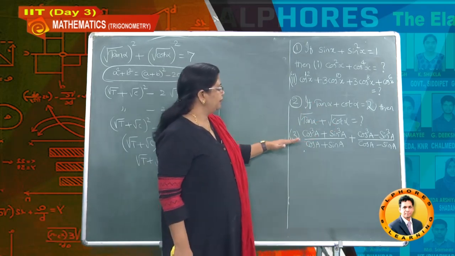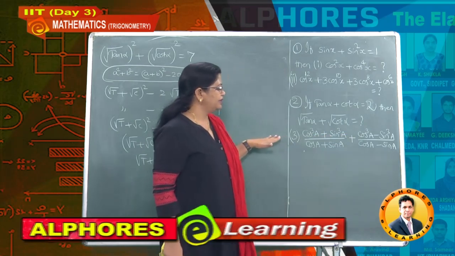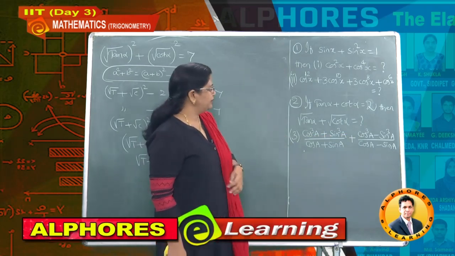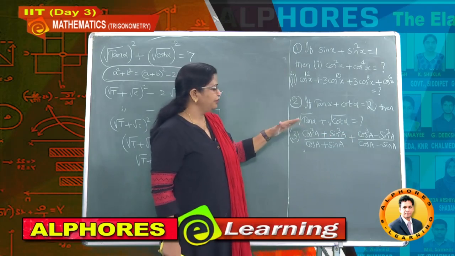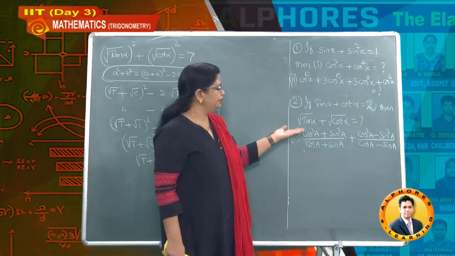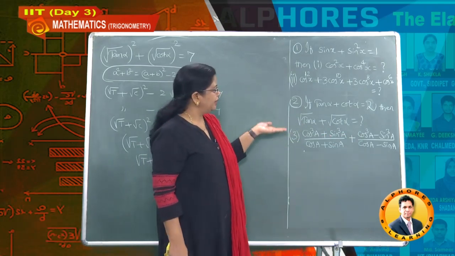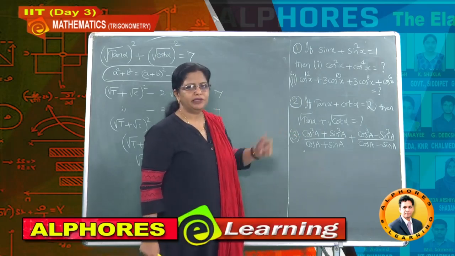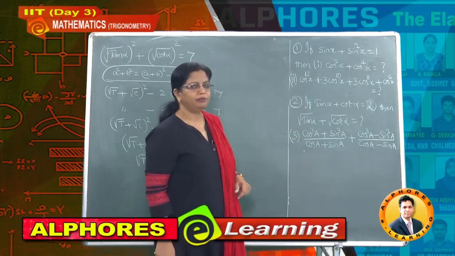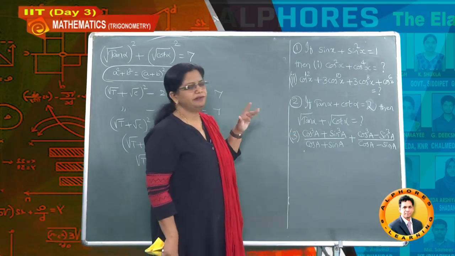In the third problem, cos cube, the entire expression, just have a glance. By observing this problem, if you want to do it in a board level exam, you have to use the direct procedure. But we are concerned here with mains level or advanced level, so no need of going for the direct procedure. The answer is very important.